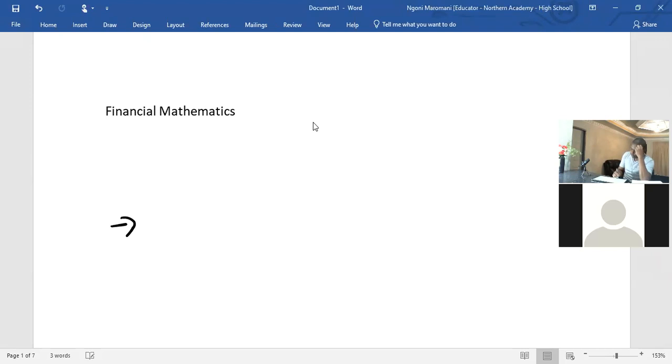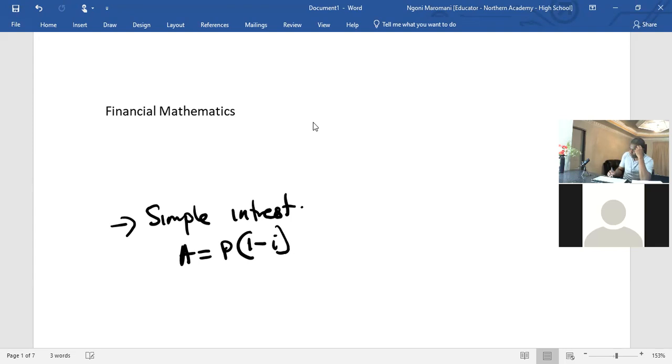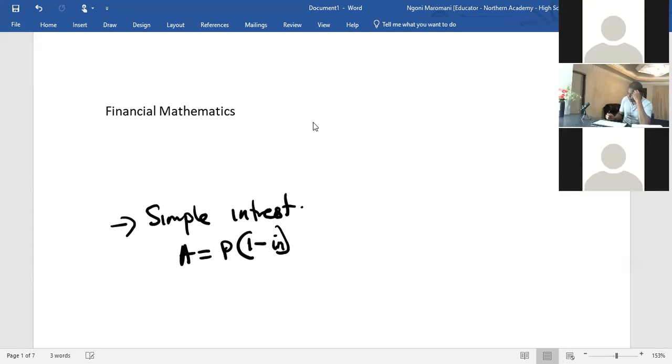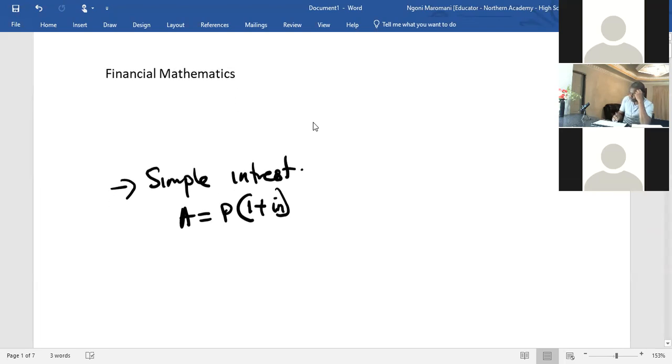What we are going to do with financial maths is pick some of the important formulas. For example, the simple interest formula is given by A equals P into, anyone who can help me, P into 1 minus what? 1 plus i n. Do you see that? Yes.